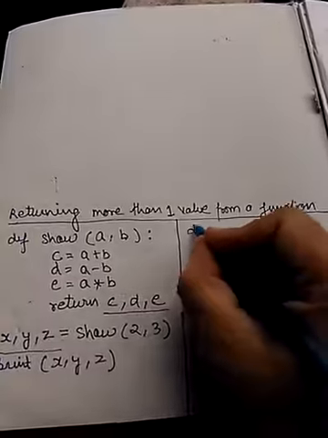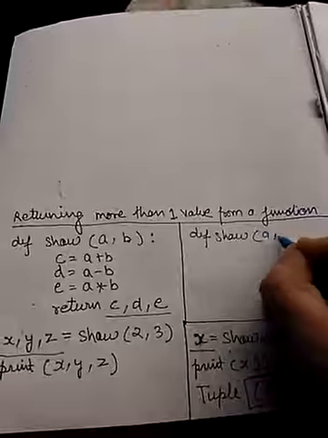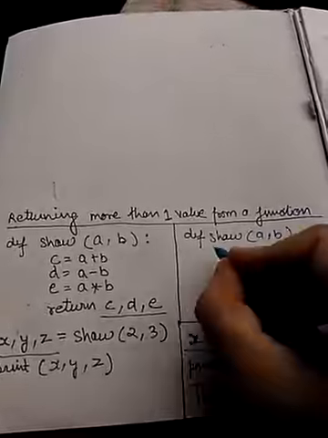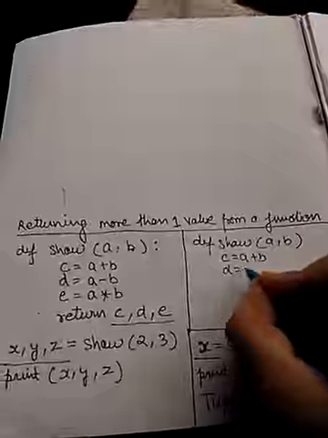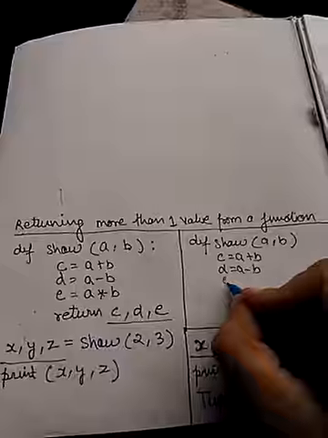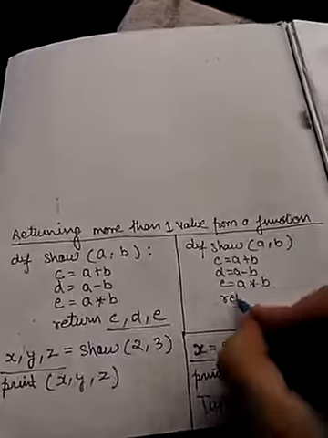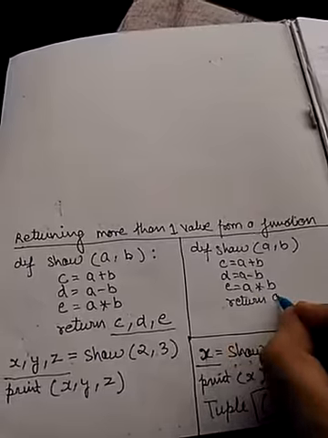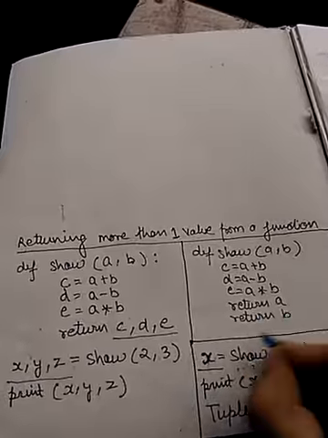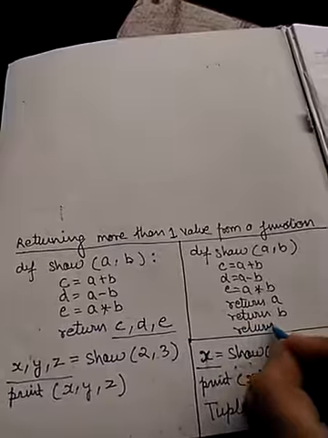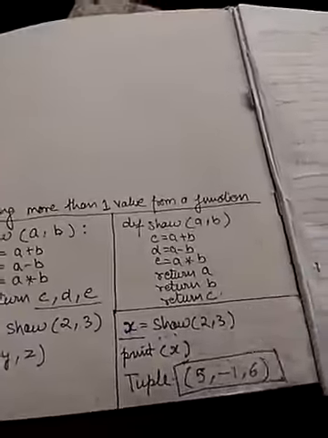If you do it like this: def show(a, b): c = a + b, d = a - b, e = a * b, return a, return b, return c. Now in this case what will happen?